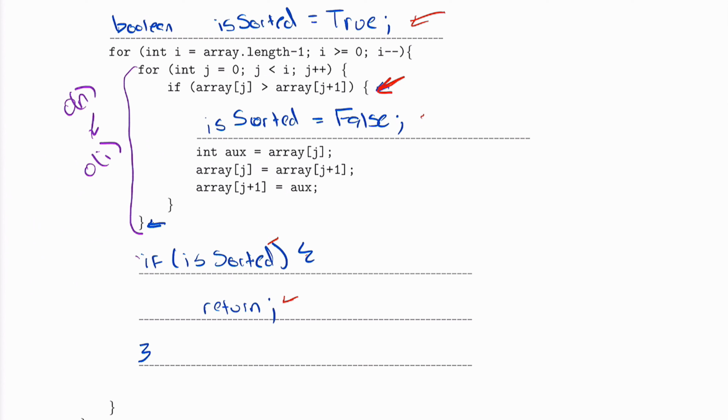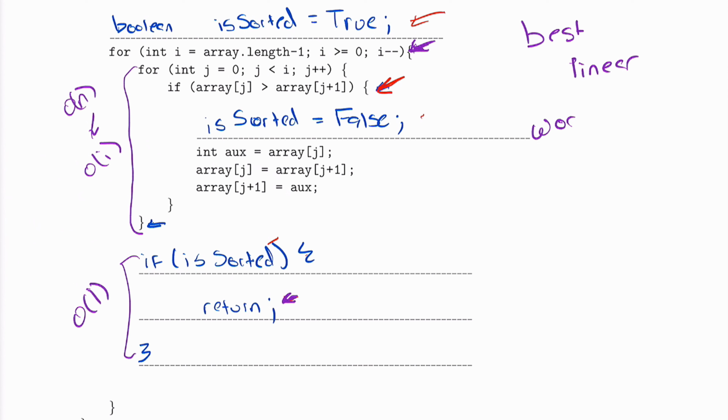And then it's done. This is O of 1. And it exits. So the best case running time here is linear, because it doesn't do any more of these.